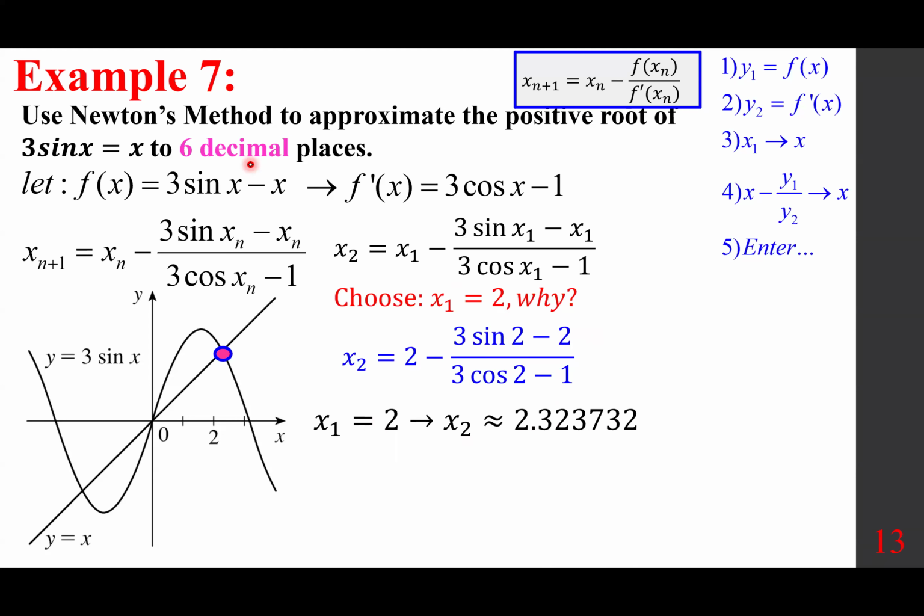Now, I have shown my work with details here. Now I can use a calculator to finish the job. And that's what I'm going to do.